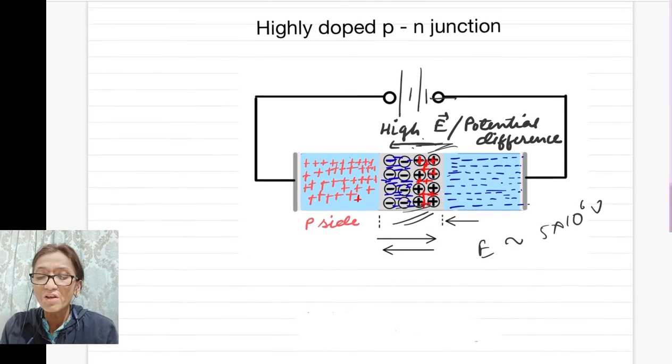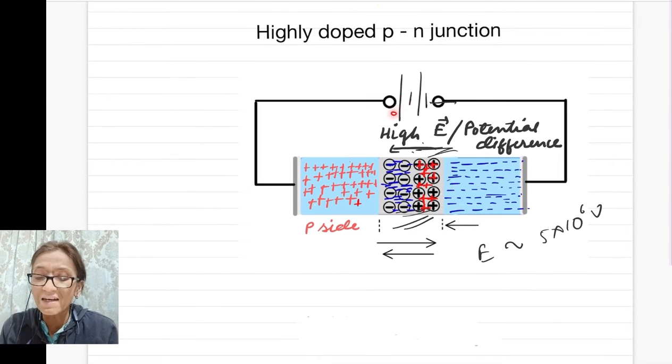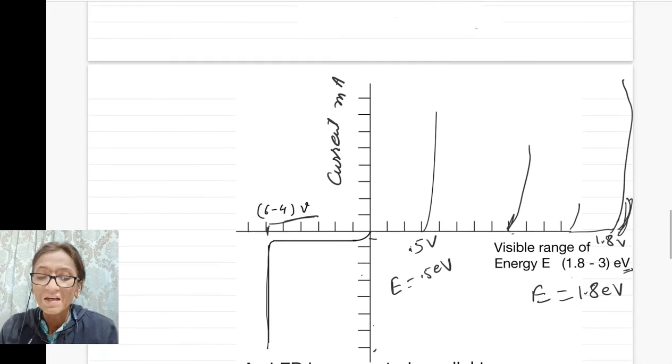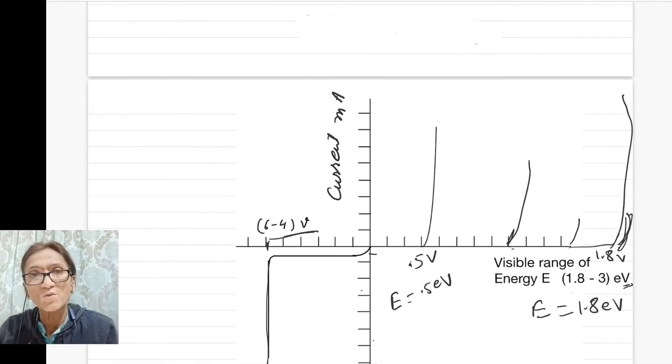If you are sending AC current and not DC current, one time the current is going along this direction, and in the next half time period, the current is going from the opposite direction. So when current goes from the opposite direction, the diode becomes reverse biased.